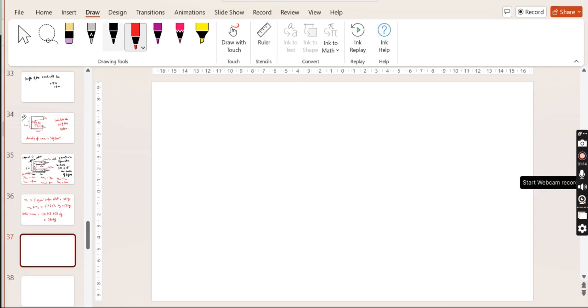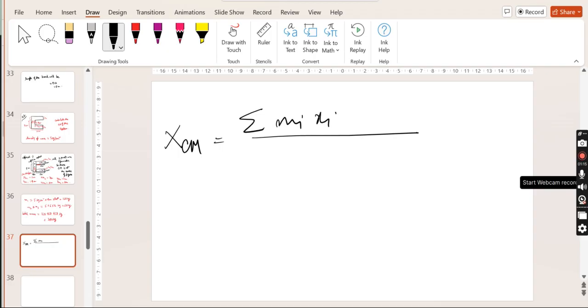So now we need to obtain the center of mass of the whole thing. That will be the sum of MiXi divided by M. This is the x coordinate, and we will calculate the y coordinate separately. This is 280.